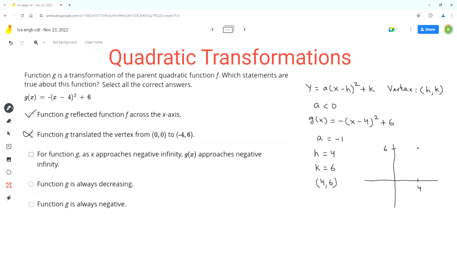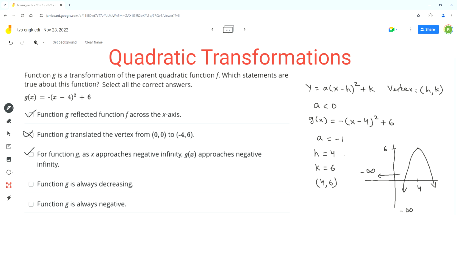So the parabola should look something like this. As per this sketch of the parabola, we can see that as we go to the left side across the x-axis and approach -infinity, the parabola will keep going down towards the negative side of the y-axis and approach -infinity. Therefore, option C is correct.